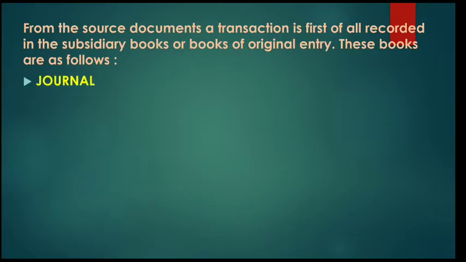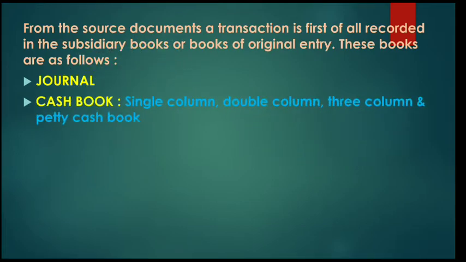Number 1 is journal. Number 2 is cash book. A cash book can be single column, double column, three column and petty cash book.